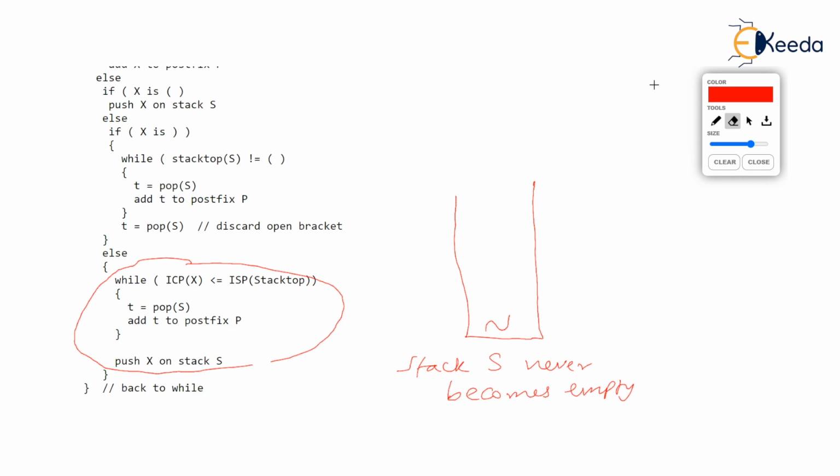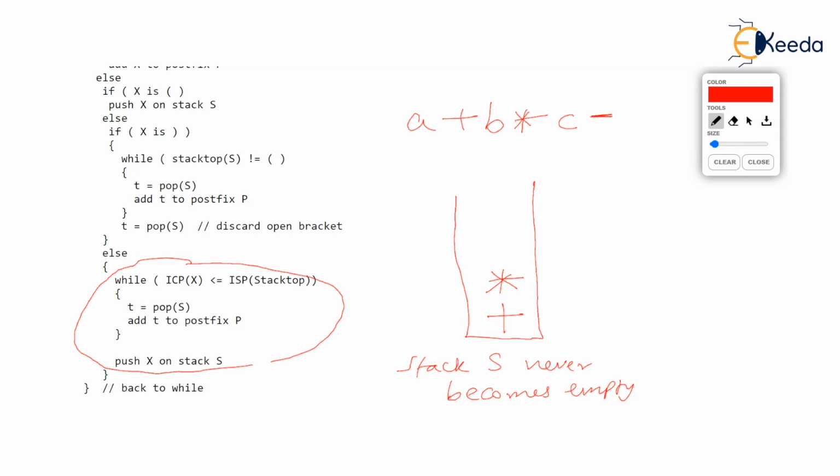And the very first operator we got in the infix expression was plus. So plus will be pushed on the stack. The next operator we got is multiply. So multiply will be pushed on the stack, and multiply can go on top of plus because multiply has higher priority than plus. Now the next operator, imagine, we got is minus.